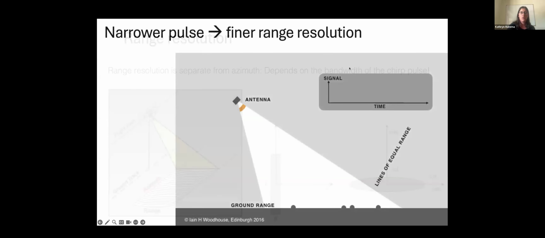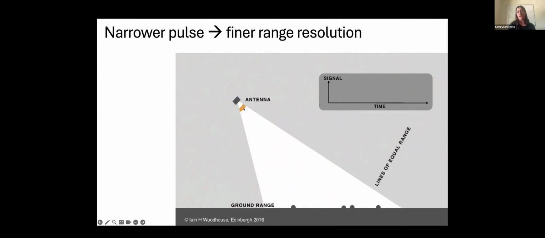So let's say we want to distinguish pixels along the ground in the range direction. Let's say we theoretically had everything we ever wanted in the world, we would emit a very short pulse.